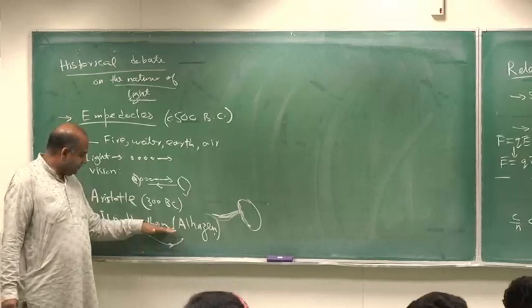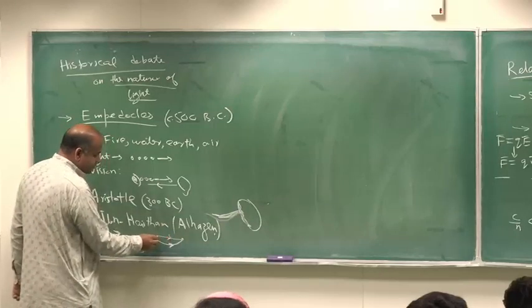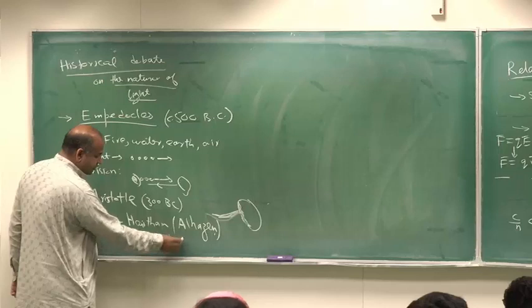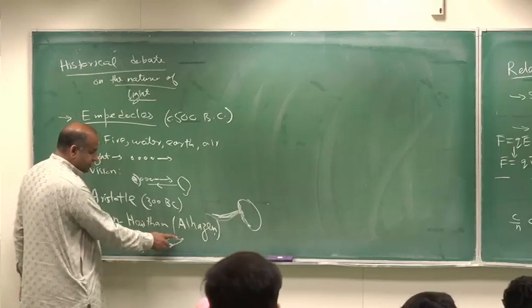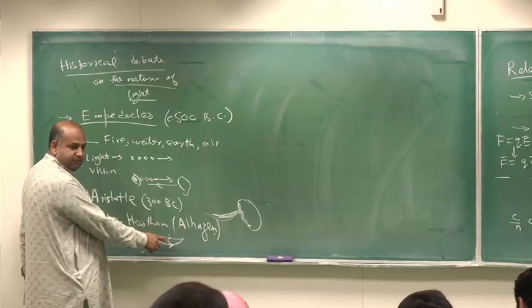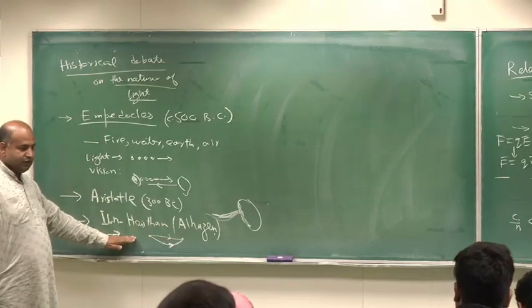So if the medium is homogeneous, it goes in a straight line. If there is a refractive index variation, it may take a curved path to minimize the time taken from here to there, because then the straight line would require more time. So he actually anticipated that Fermat's law as well.